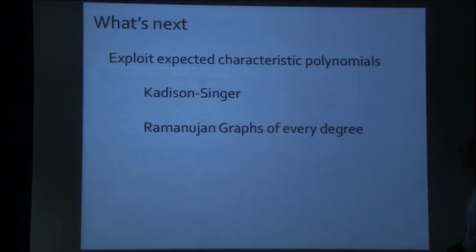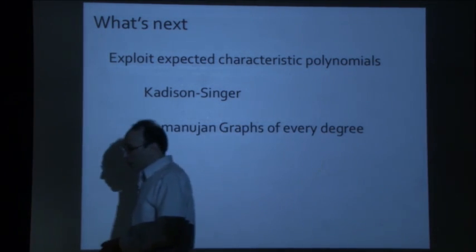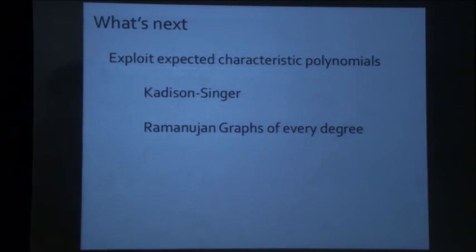OK, so in the next two lectures, we will exploit the mistake that I initially made. I sort of justified this whole analysis by looking at an expected characteristic polynomial. And bizarrely enough, that inspired the analysis we initially did. It had no right to, we thought at first.